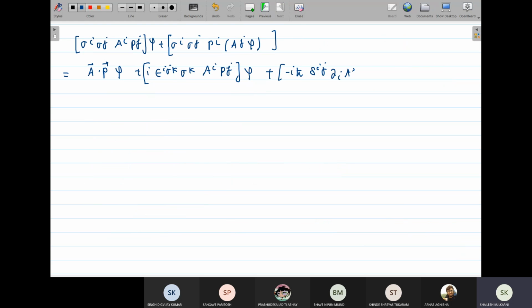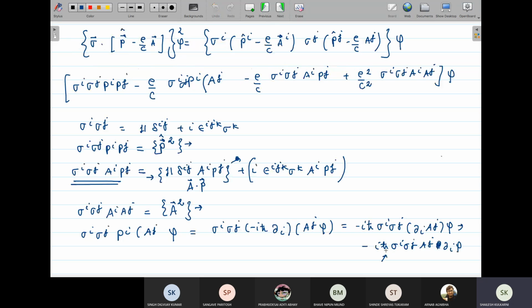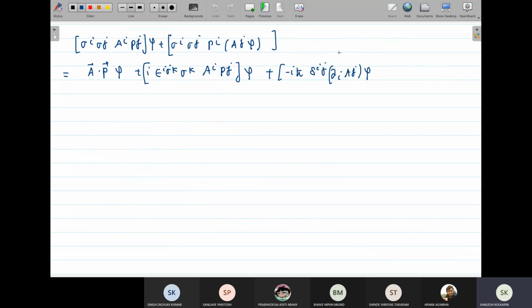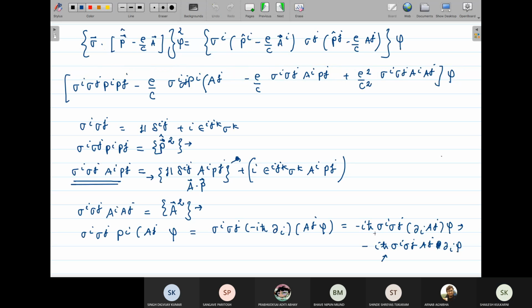Then there will be another term, minus i h cross i times epsilon ijk sigma k del i aj acting on phi. That is this term.